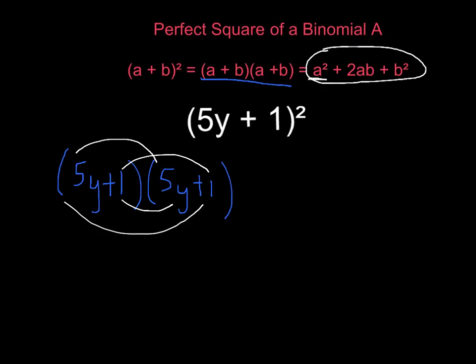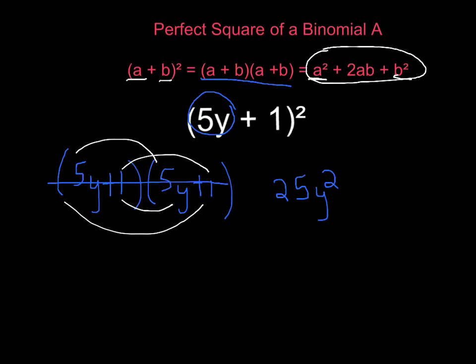A comes from the first term, B comes from the second term. If we use that special pattern, we can go straight to our answer. A squared means take the front term and square it. 5y, when you square it, square both of them, so it's 25y squared.